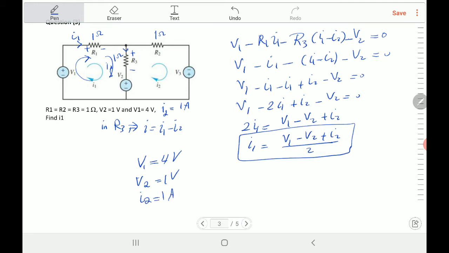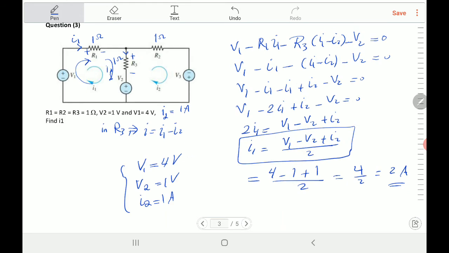If they are given, you can find the value. If you are not given values, just go ahead, this is the equation, this is the answer. But just out of curiosity, V1 is 4, minus V2, which is 1, plus I2, which is 1, divided by 2, will be 4 divided by 2, which is 2 amps. So that's the answer for question number 3.